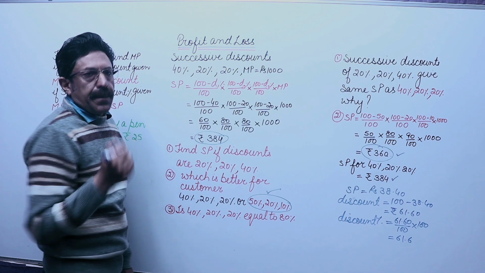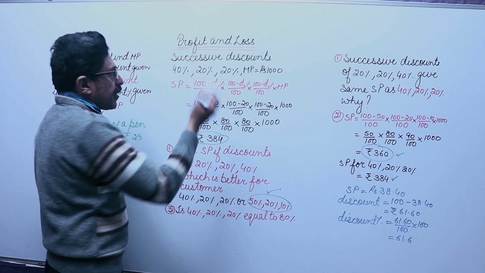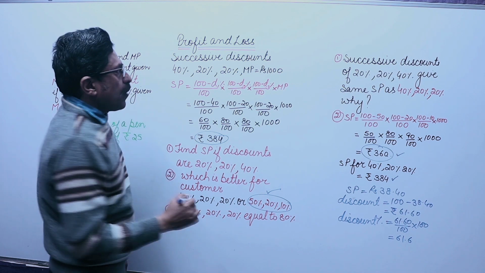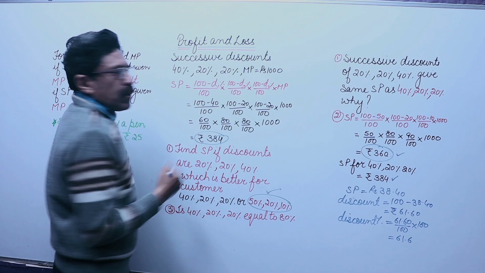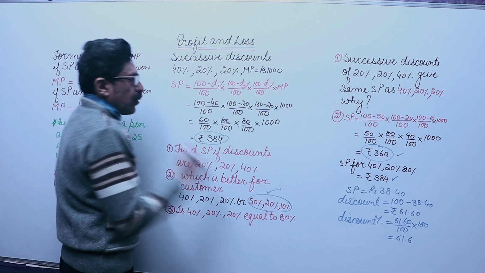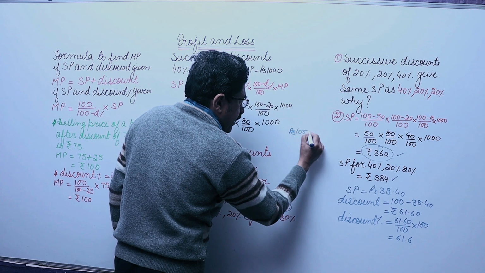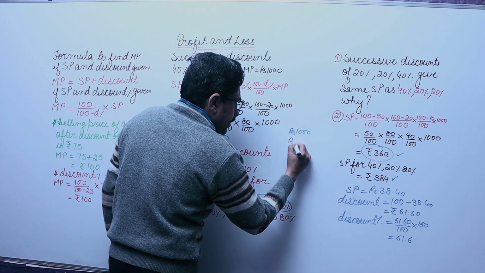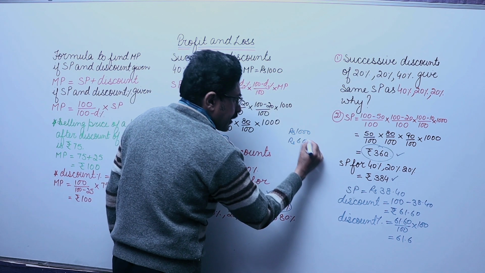Now why did this happen? Because successive discounts are calculated this way. First 40% on 1000 or any other value. If we calculate this 40%, then the left out selling price after the first discount is rupees 600.